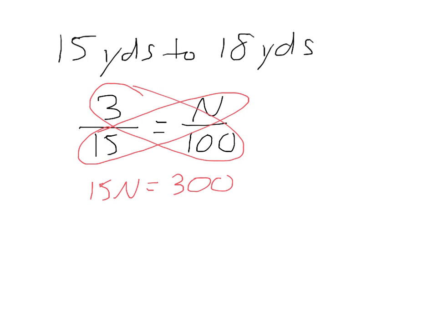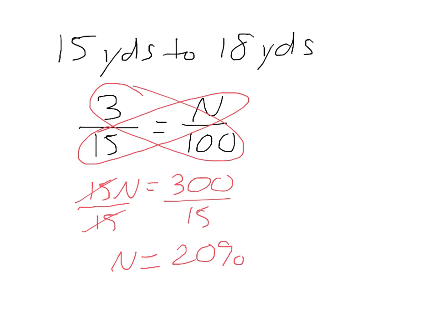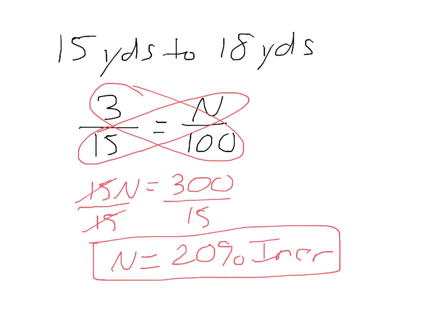Now what? Divide both sides by 15. And I get n equals actually 20%, and that's an increase. Does that make sense?